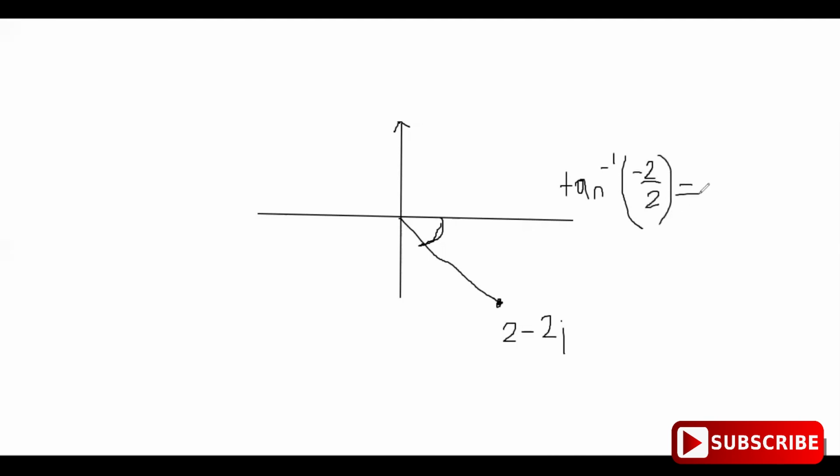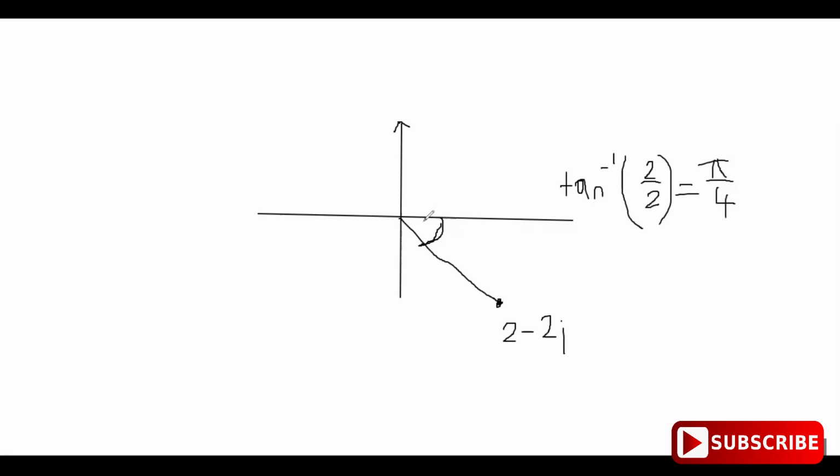Tan inverse of negative 1 is minus pi over 4. The angle is just y over x, so you can take out this negative, and it's just pi by 4. You sure, sir? Yes, positive.